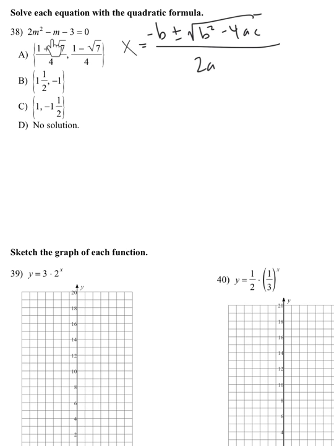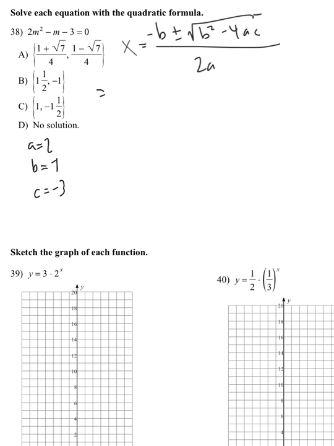So for our equation, a is 2, b is negative 1, and c is negative 3. So let's plug in here.